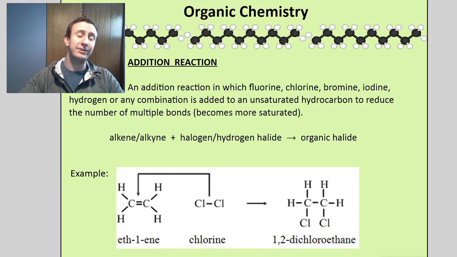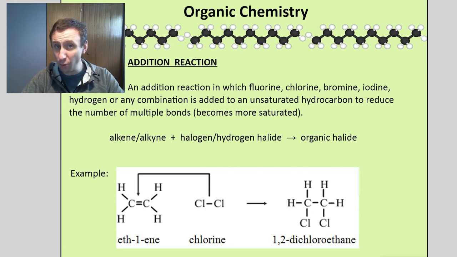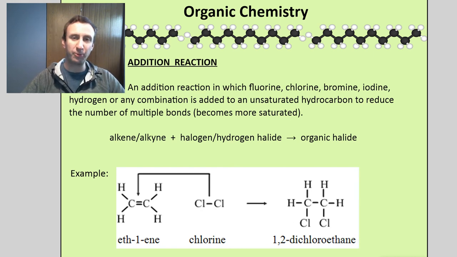Now, addition is always reacting with an unsaturated hydrocarbon. So no matter what, I'm going to be reacting something with a hydrocarbon that has double or triple bonds. But here, with addition resulting in organic halides, I'm reacting some kind of unsaturated hydrocarbon with either a halogen molecule, like Cl2, for example, or a hydrogen halide, like HCl, where I have one hydrogen and one halogen connected together in a small molecule.